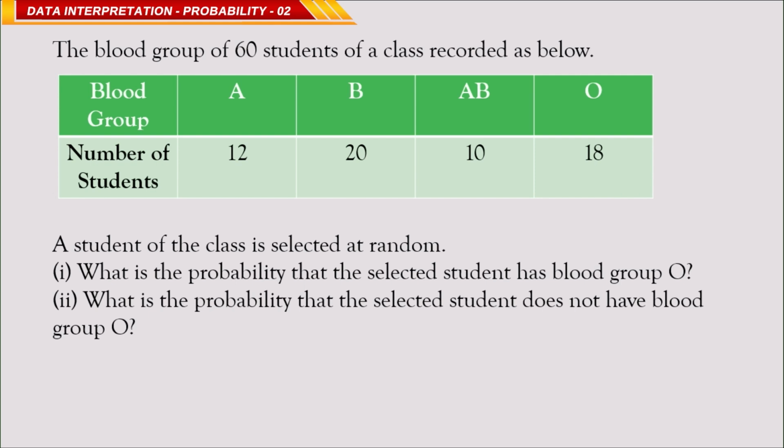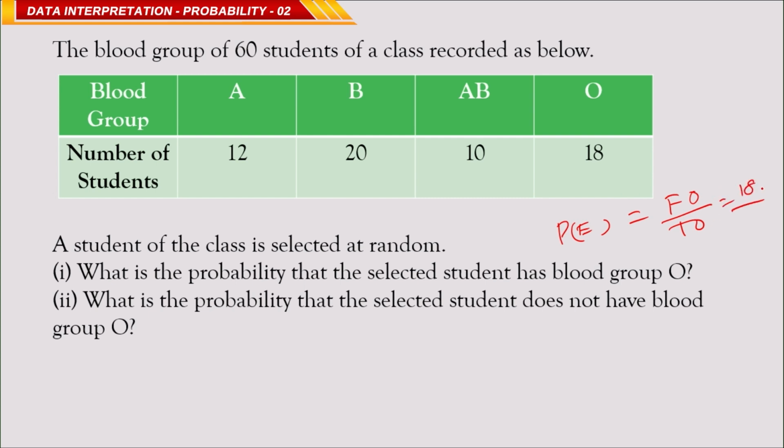Okay. Just now I said the formula: P of E is the number of favorable outcomes by the total outcomes. When you select one student, that student should have O group blood, so you have to select from the 18 students. Favorable outcomes is 18.